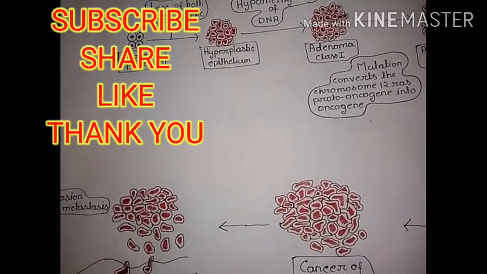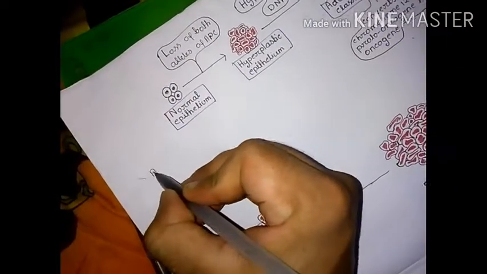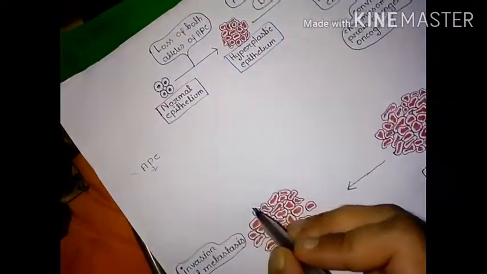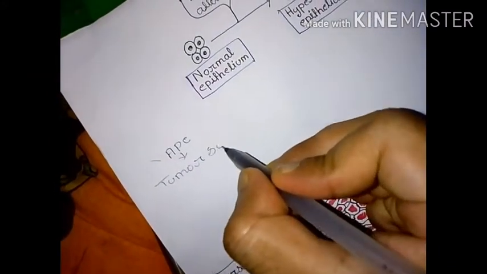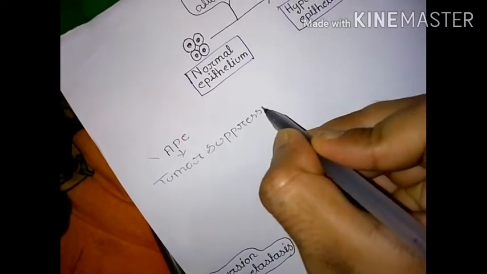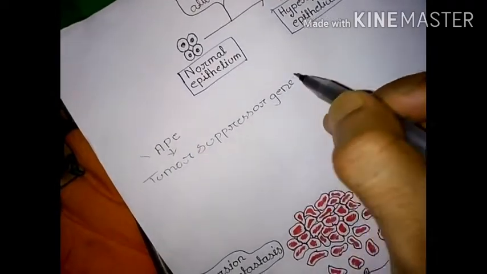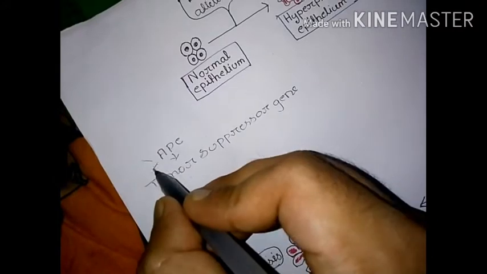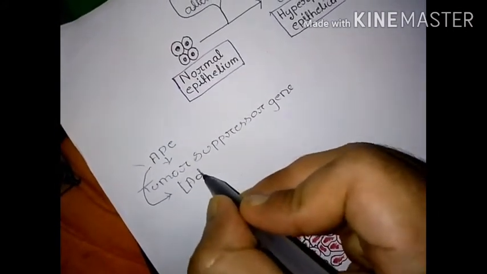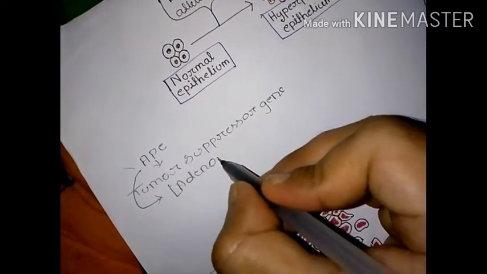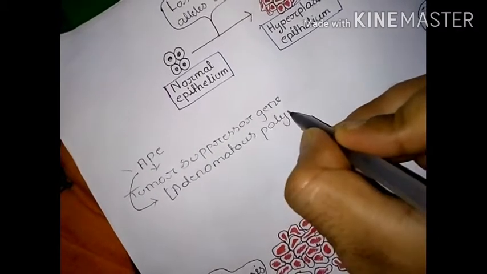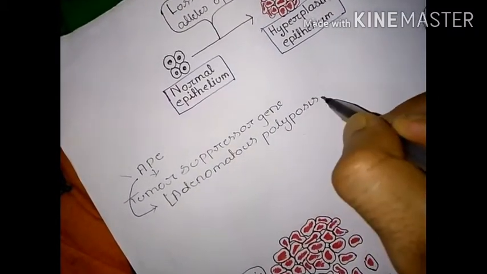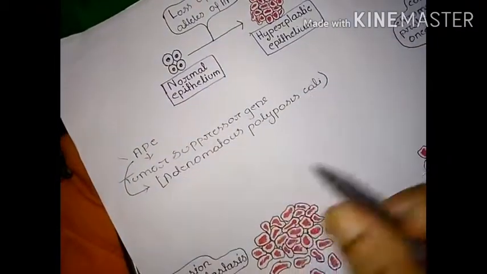The full form of APC is adenomatous polyposis coli. So this is the full form of APC, and APC is a tumor suppressor gene.